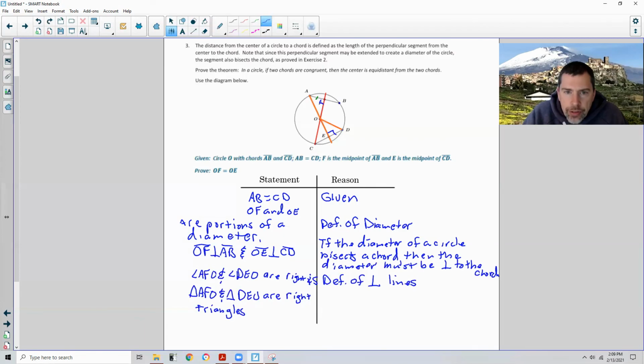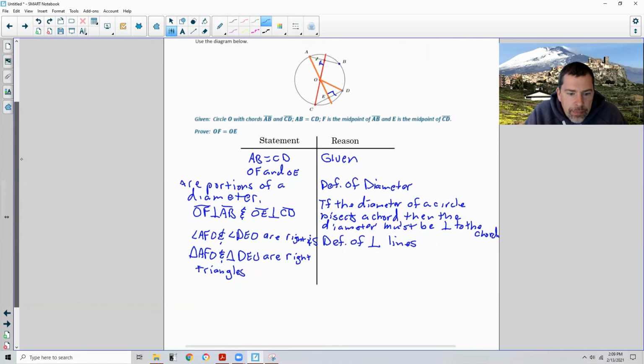E and F are midpoints. So now we're going to say E is the midpoint of CD, and F is the midpoint of AB.